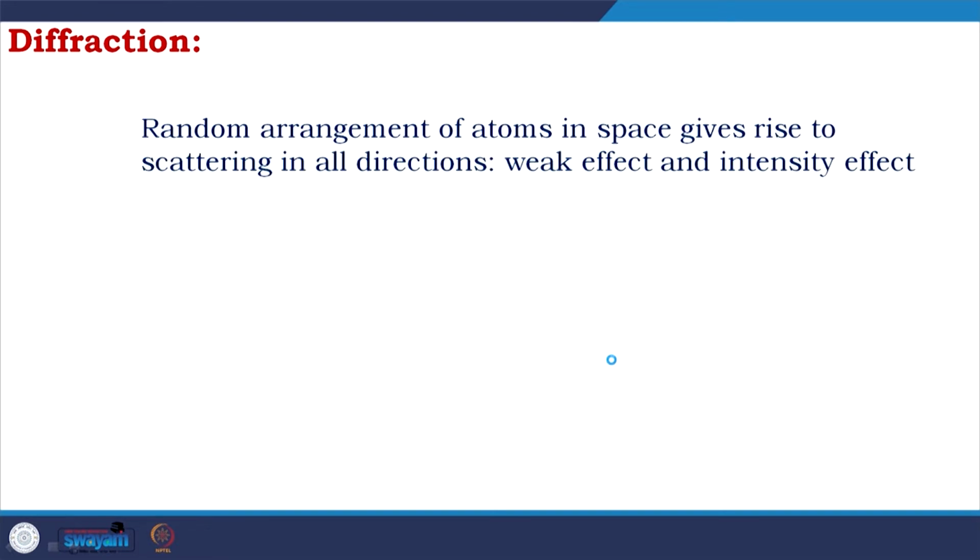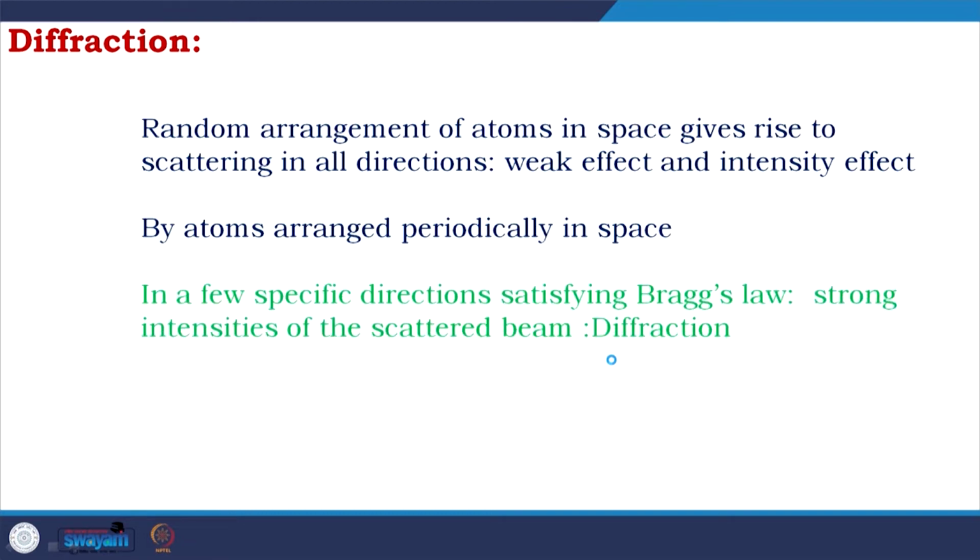So, random arrangement of atoms in space gives rise to scattering in all directions, which has a weak effect and also affects the intensity. But when atoms are arranged periodically in space, which is a crystal, in a few specific directions which satisfy Bragg's law, there are strong intensities in the scattered beam, that is called diffraction.